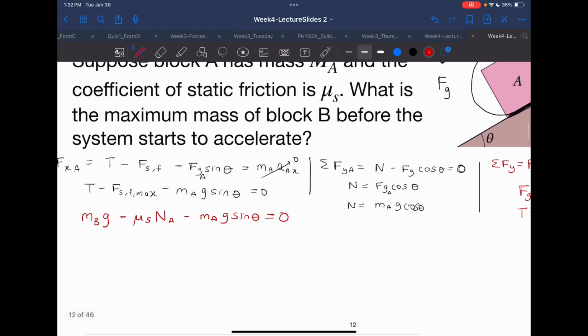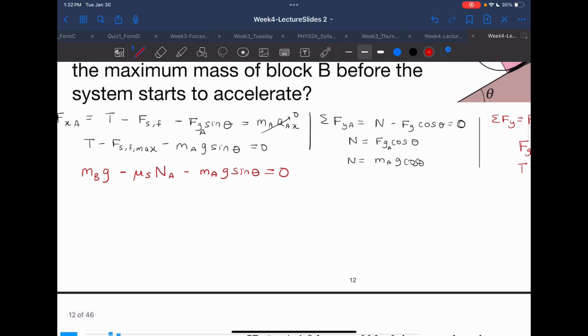Okay, let's go ahead and plug everything in and rearrange things. So mBg is equal to mu sub s times mAg cos theta. Notice that I essentially plugged in NA being equal to mAg cosine theta there, plus mAg sine theta.